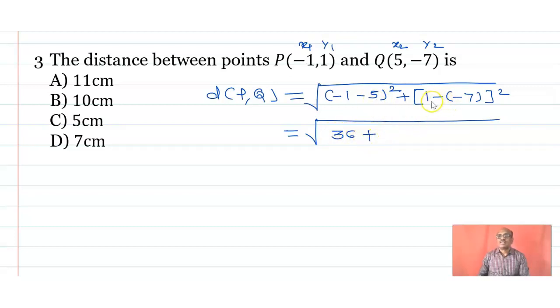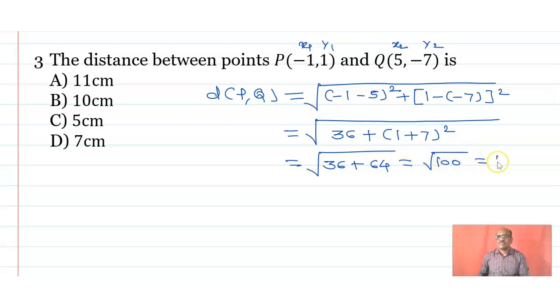Next, आता हा ब्रॅकेट इव्हॅल्यूट करणार आपण, 1 minus minus that will become plus 7, bracket square, and here you will get square root of 36 plus 8 square, 8 square means what? 64, and that equals square root of 100, and that equals 10. Means what? 10 हे आन्सर. म्हणजे ऑप्शन B हा मग त्यामध्ये करेक्ट आहे.